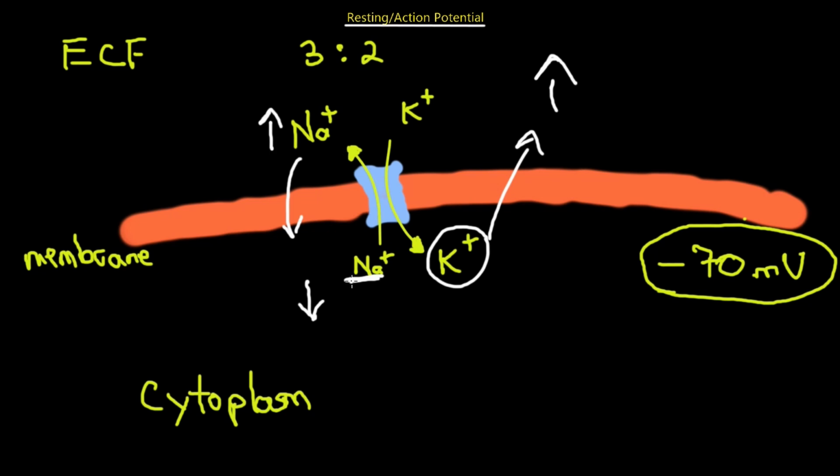So this sodium-potassium pump protein is active transport because it's pumping against its chemical gradient. So it's going against the electrochemical gradient, and same with the potassium, because the potassium is coming in to a high concentration from a low concentration on the outside. So it's naturally going to want to diffuse out into the extracellular fluid.